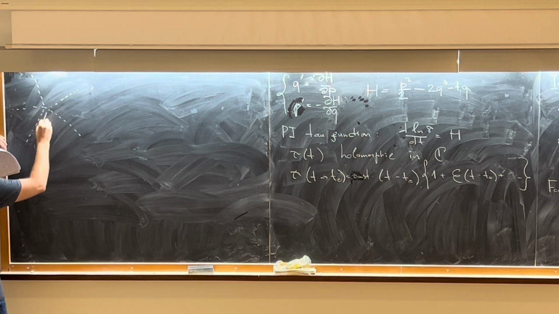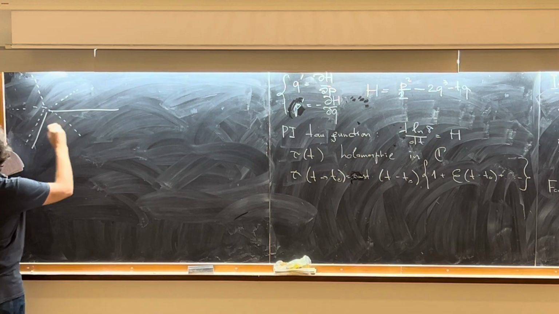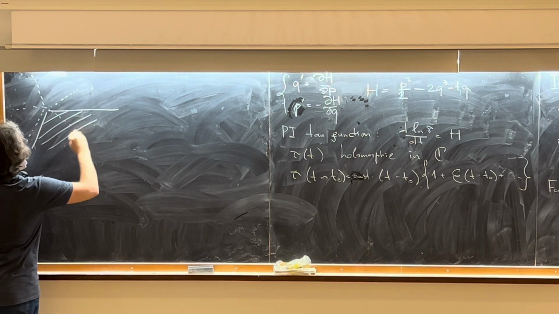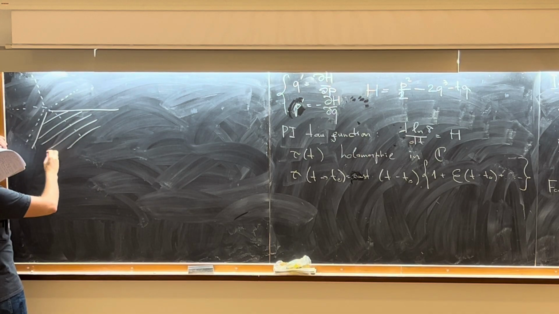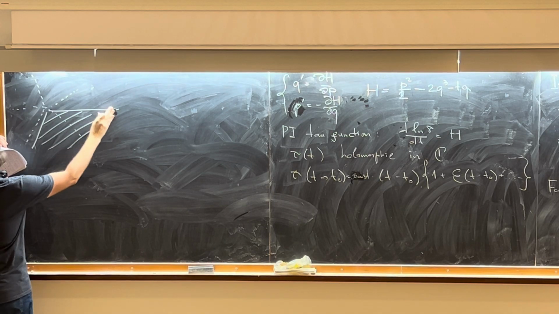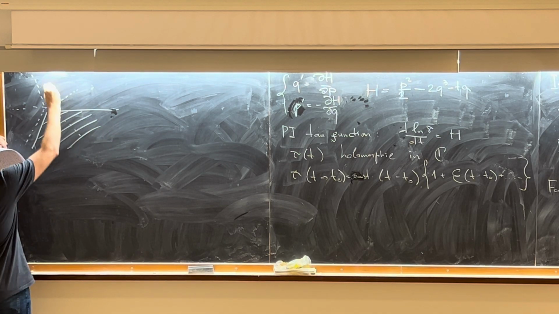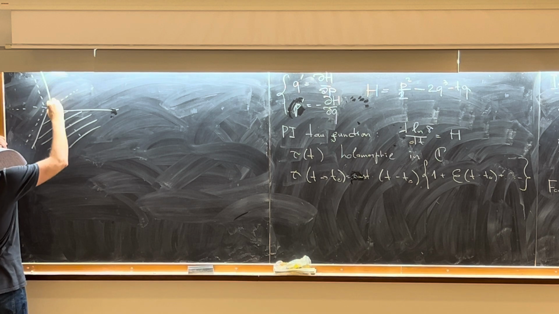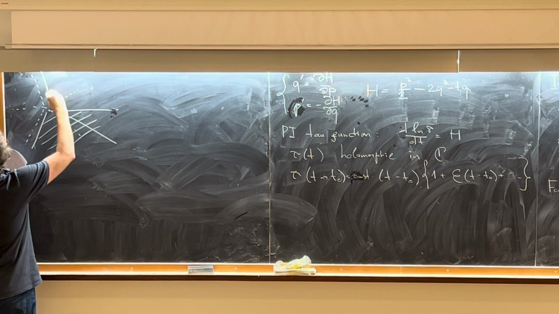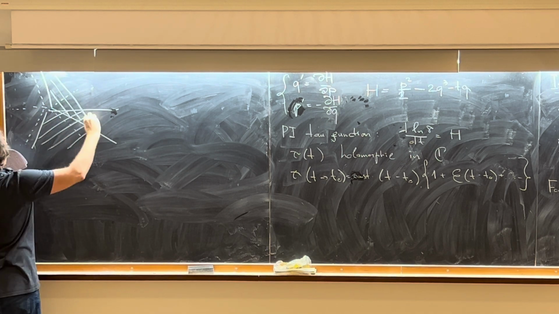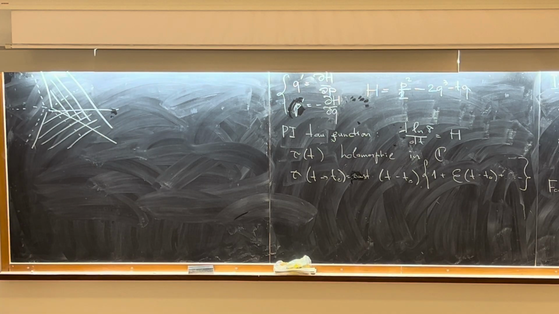So we have these overlapping Stokes sectors, I can draw it like this. Another sector like this, and so on.